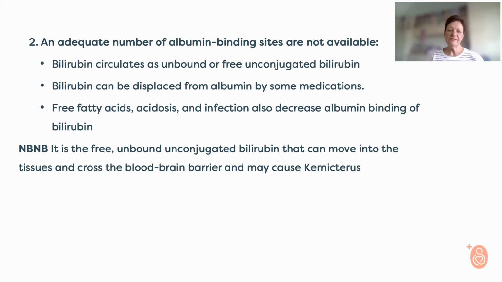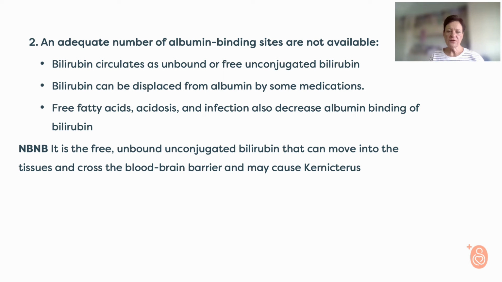Now, what is very, very important here is that, as we've said, unconjugated bilirubin is fat soluble, and it has to bind with the albumin to go to the liver in order to be conjugated.